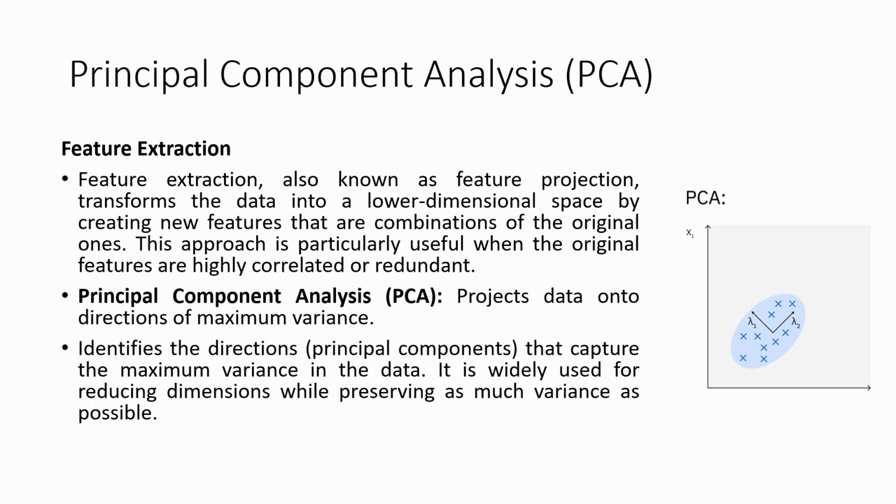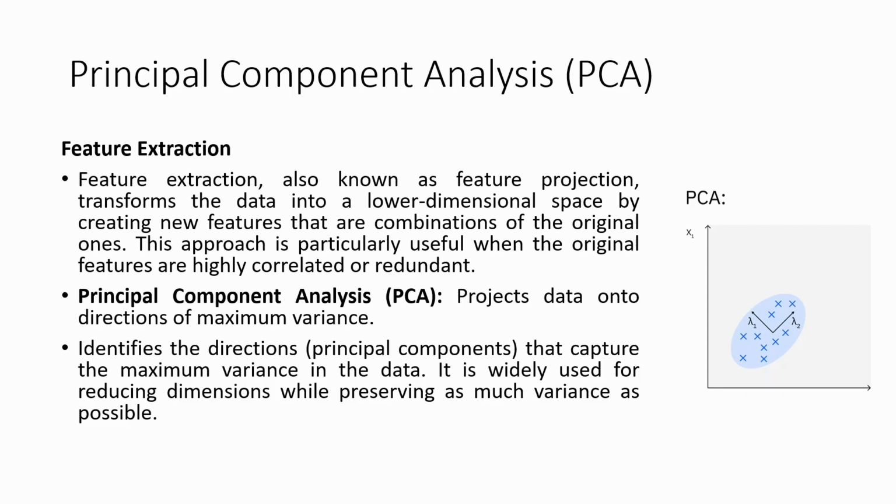In certain cases, when the original features are highly correlated or redundant, we can use feature extraction. Feature extraction, also called feature projection, transforms the data into a lower dimensional space by creating new features, which are combinations of the original ones.